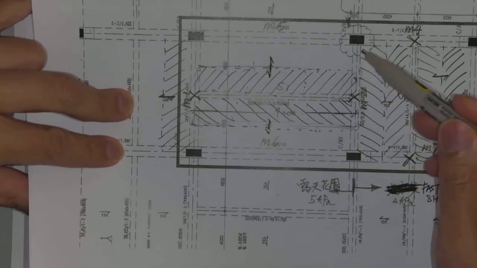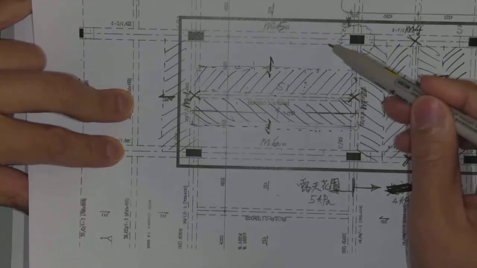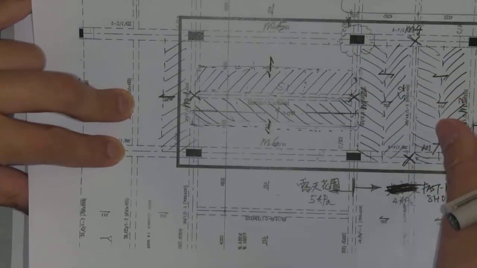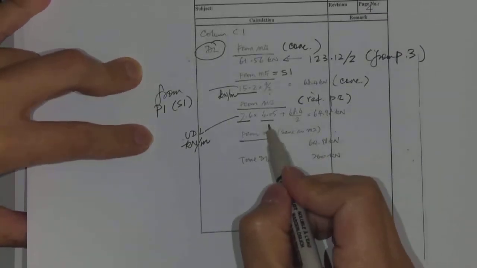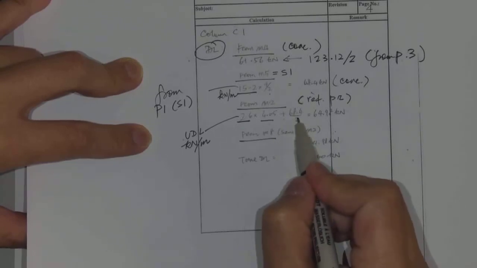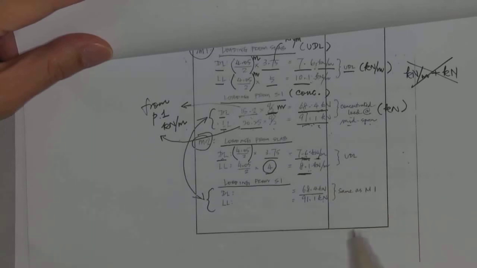M2 幾長？4.05，即係 4.05 乘 2，再除翻 2，即係都係 4.05。Okay. Plus 68.4. That one. That's the concentrated load on M2.